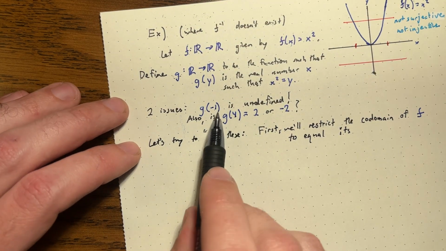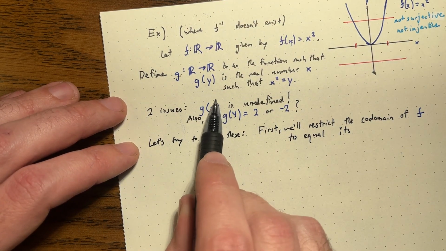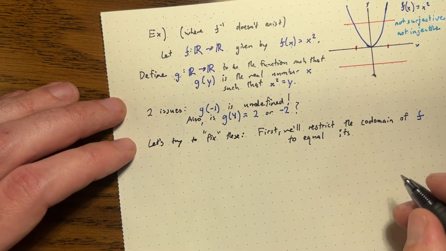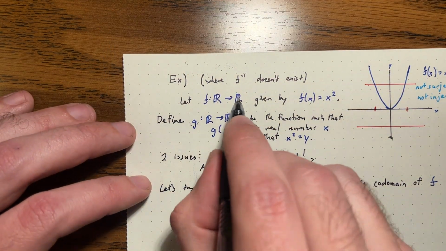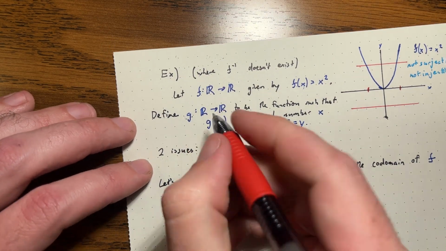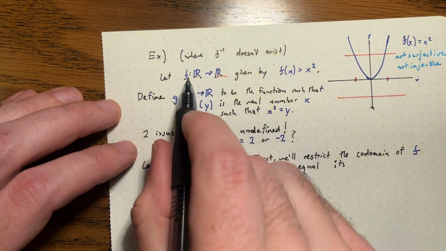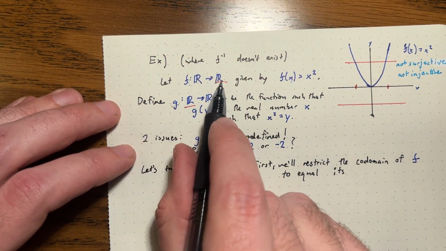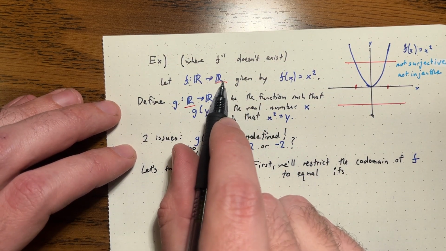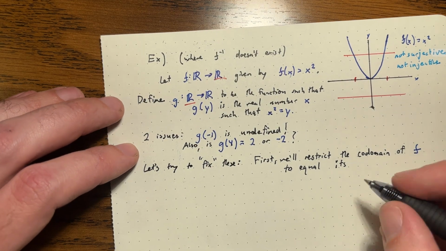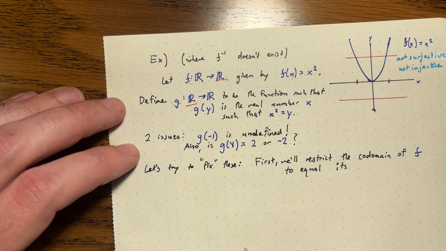Okay. Problem is we couldn't define g on certain numbers because those were outside of the range of f. So what if we just change this R to something else, right? And let's change it to exactly the possible inputs for g. So the range of f, in other words.